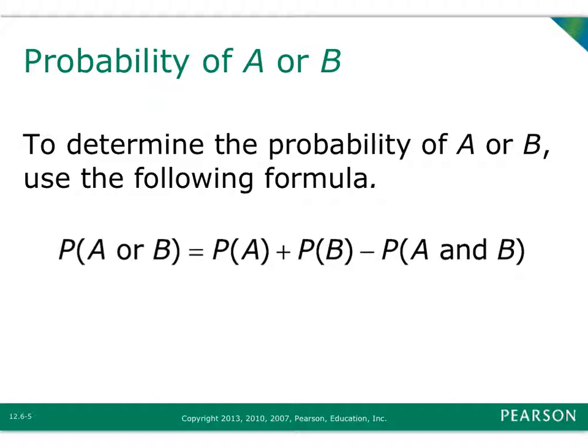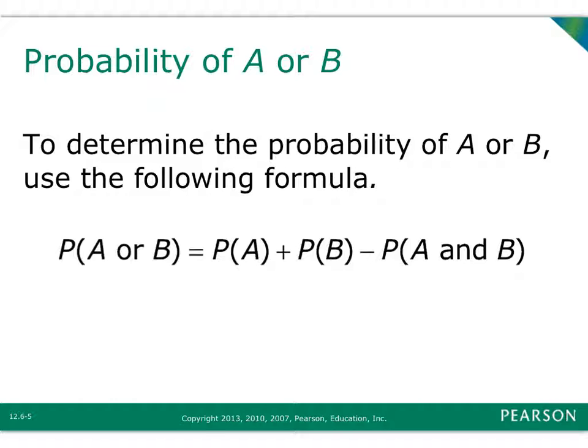You will recall from set notation that the number of A or B equals the number in set A plus the number in set B minus the number in set A and B. In probability, we do the same thing. To determine the probability of A or B, we use the following formula.